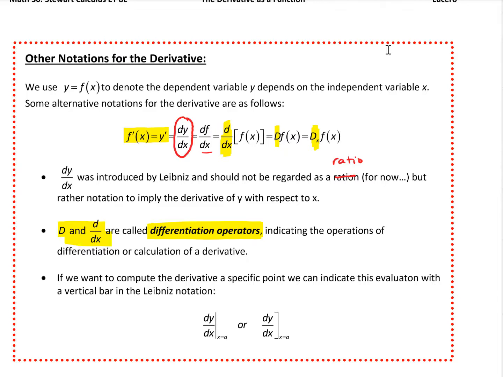So this is saying, you know, this operation here, d dx of f of x. So take the derivative of f of x, or just a capital D next to f of x, D of f of x, or D sub x, meaning the derivative with respect to x of f of x. So those are operators. So these three are representing derivative operators.